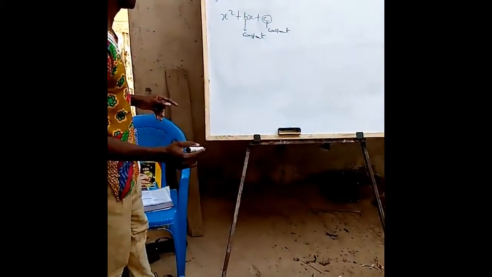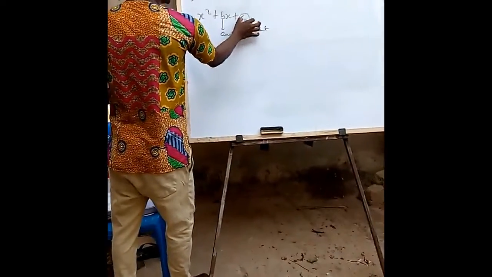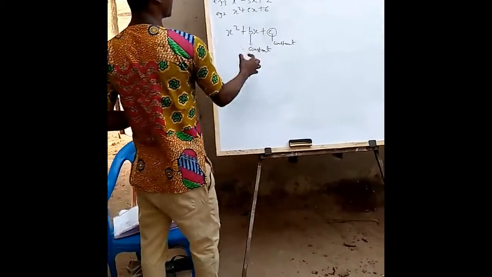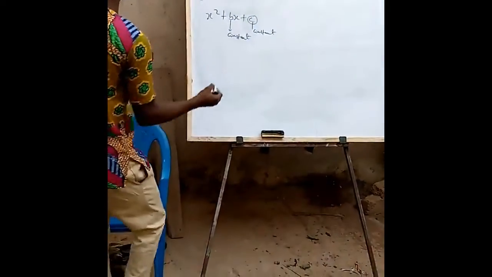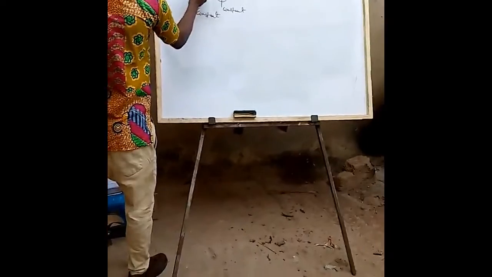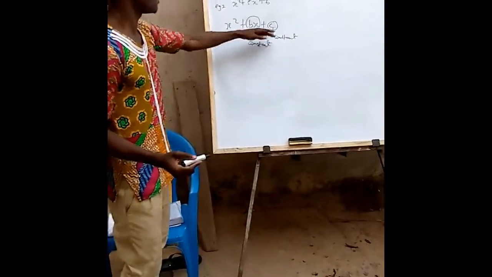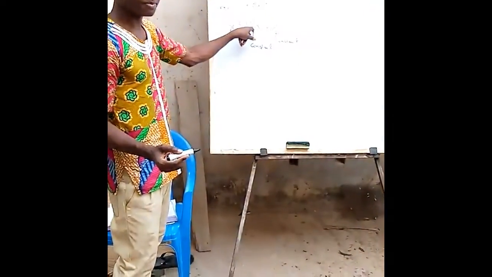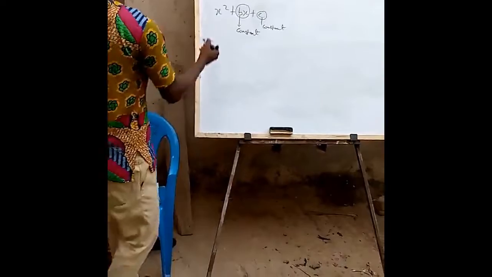Are we set? So we need two numbers: when I multiply them, I get the constant c, and when I add them, I get my b. In writing them, I replace the bx with the numbers which I'll add to get my b. Okay, so let's take an example and see how far we can go with this.